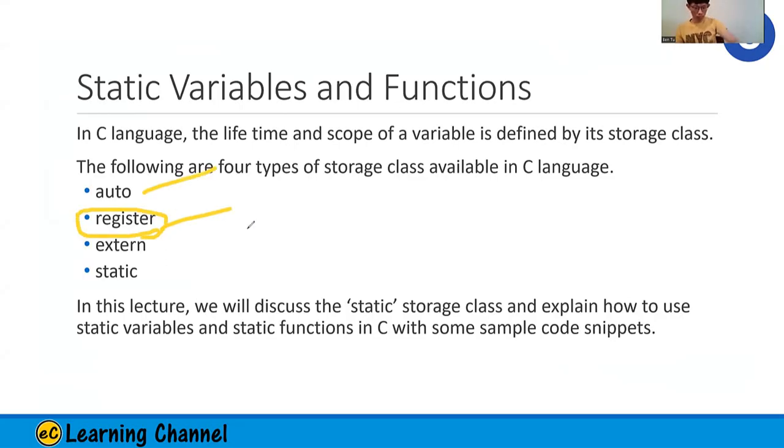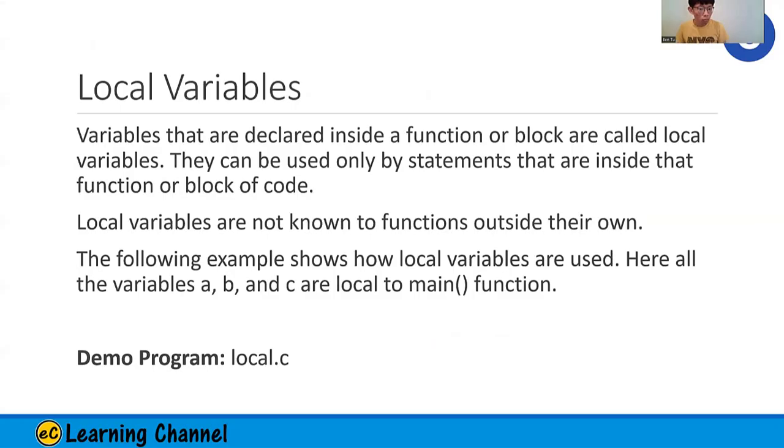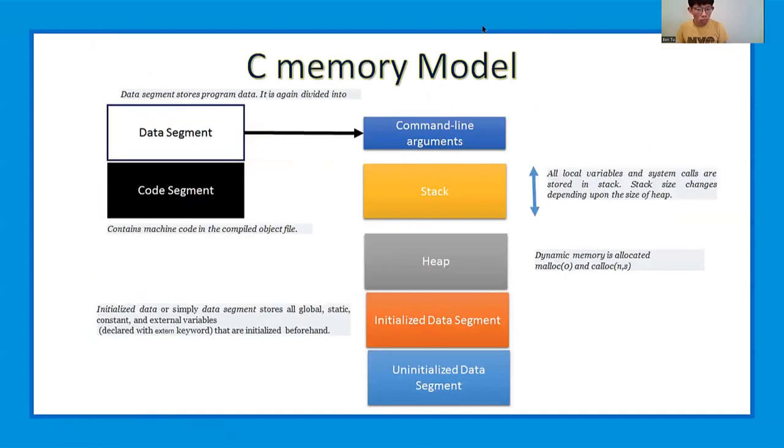Register will store in the CPU's register, which makes it faster. It is not like static or shared public. It actually is not in the memory chart. It's not in the data segment or dynamic data or in the stack.